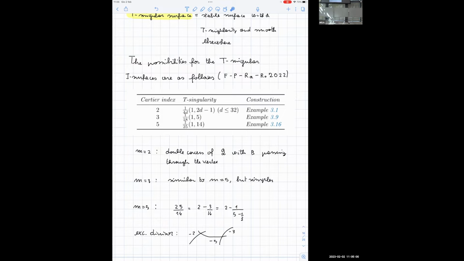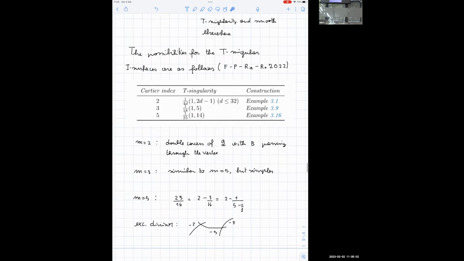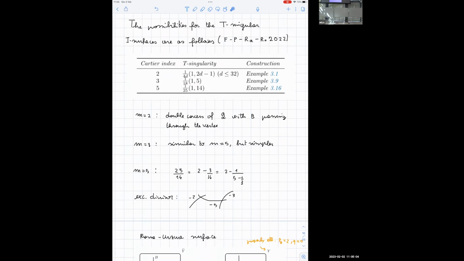And so let me tell you what these surfaces look like. These are the possibilities, and all possibilities are actually realized. So for m equals 2, this is just something we have discussed. 1 over 4, (1, 1), you will get by letting the branch locus of the double cover go to the vertex in a generic way.